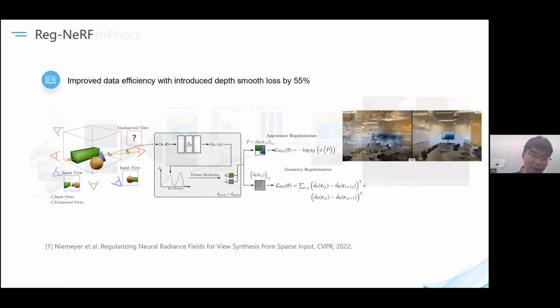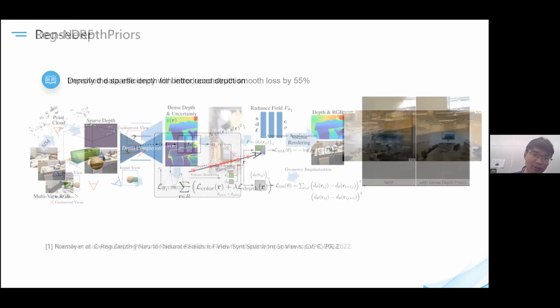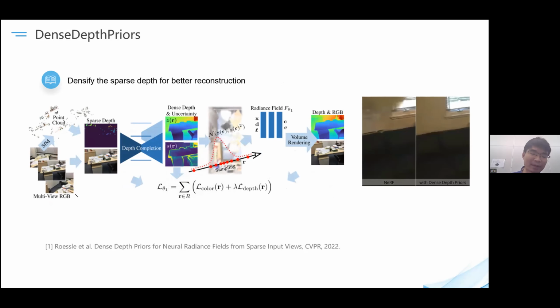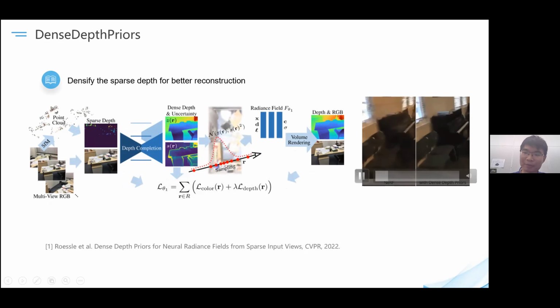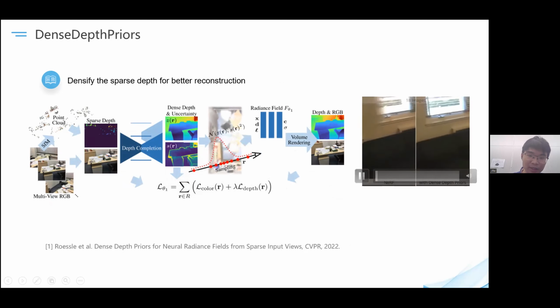And also the depths we mentioned in the earlier paper are normally very sparse, because they obtain the depth from structure from motion. So depth can be very sparse. So the following paper proposed to do a densification on the sparse depths. So they have dense depths as the input. And this gave a much better prior knowledge for NeRF. So in the end, it also learns a much better result compared to the previous methods.